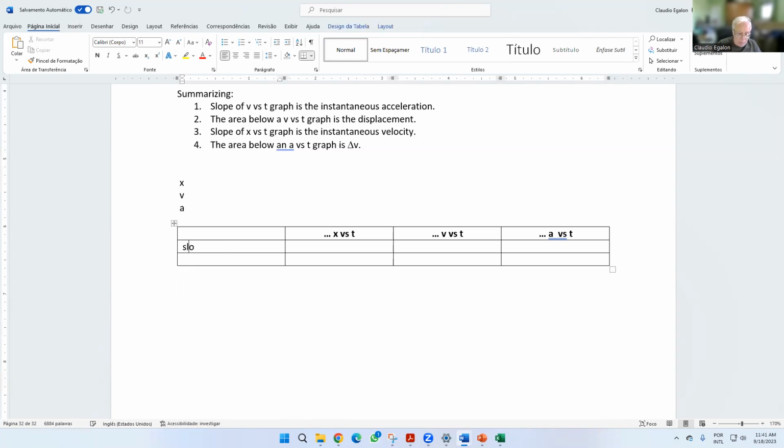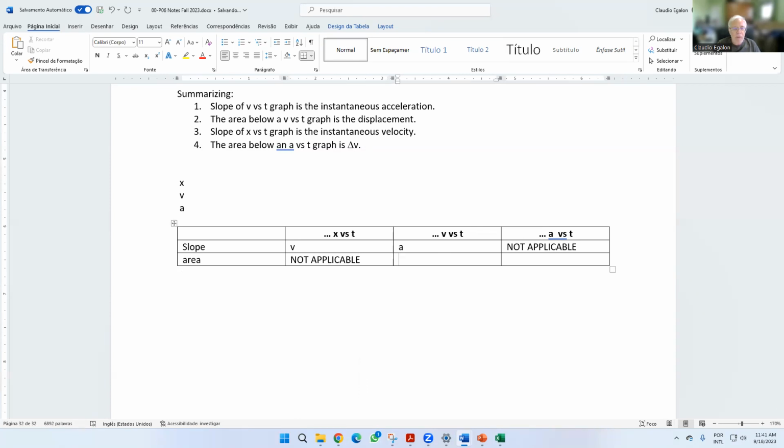Slope, area. The slope of X versus T is V. The slope of V versus T is A. The slope of A versus T is not applicable; it's something we're not going to study. The area below X versus T is not applicable.